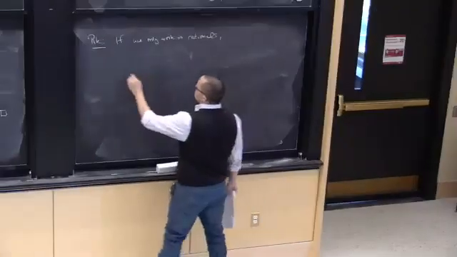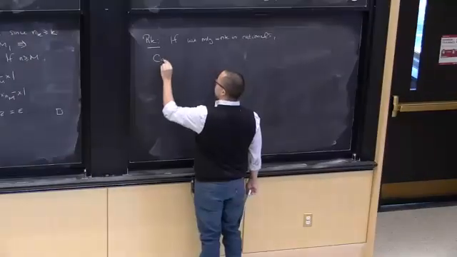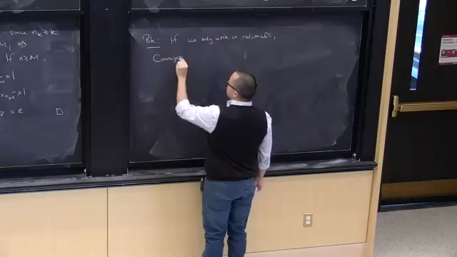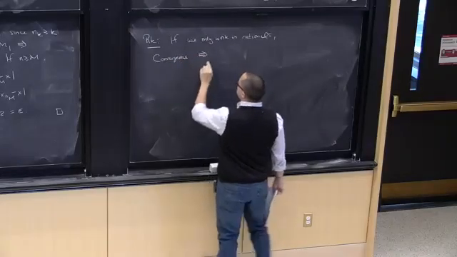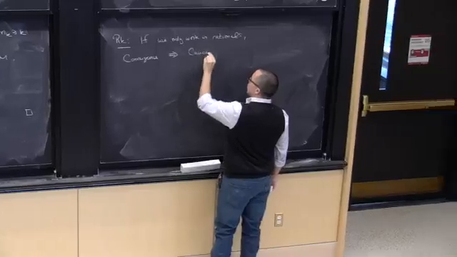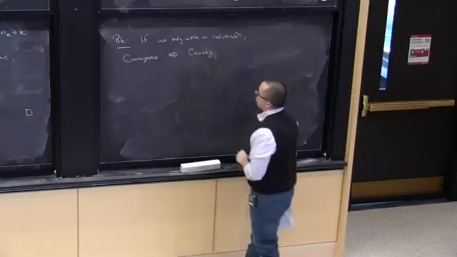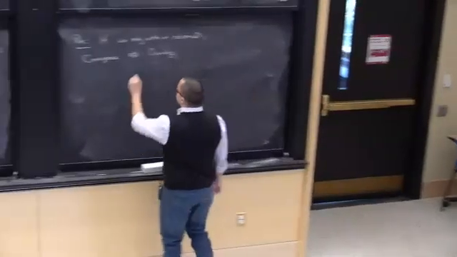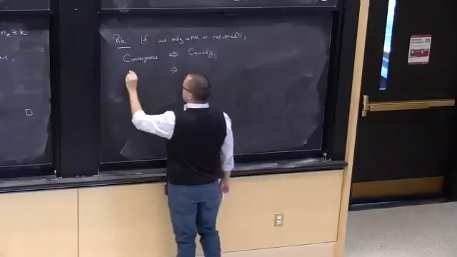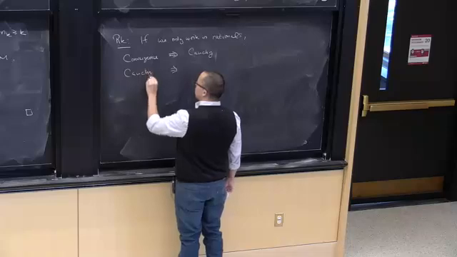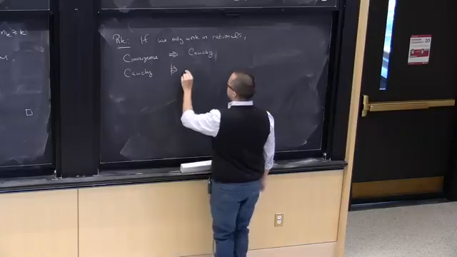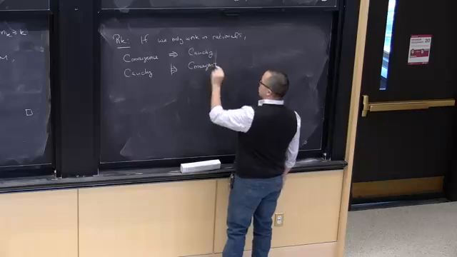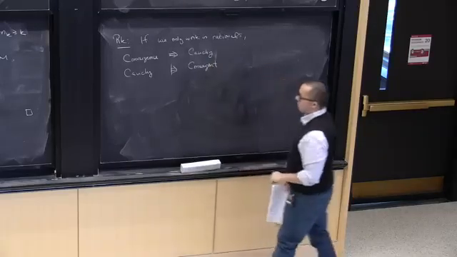But if we only work in rationals, then we always do have convergence implies Cauchy, meaning convergent sequences are Cauchy. Okay? But Cauchy sequences are not necessarily convergent. Okay?